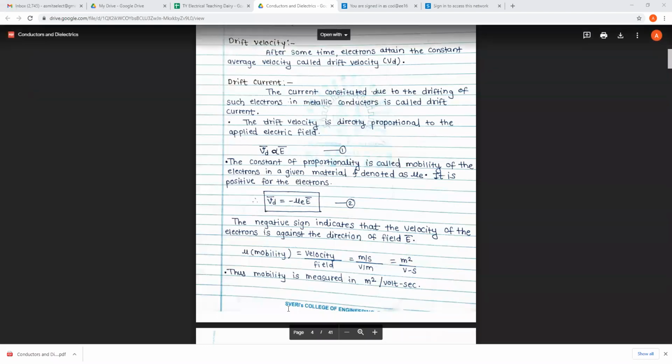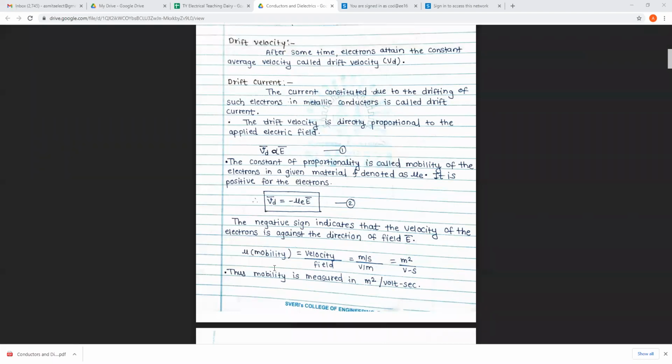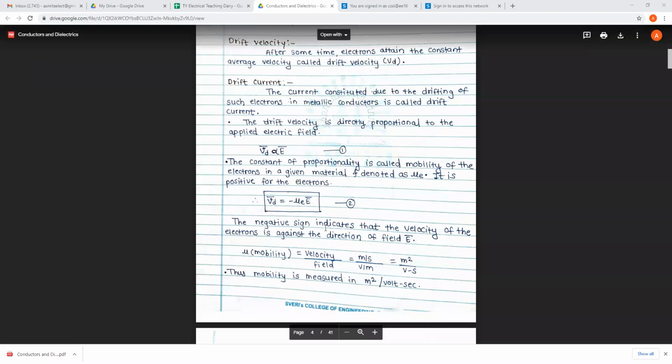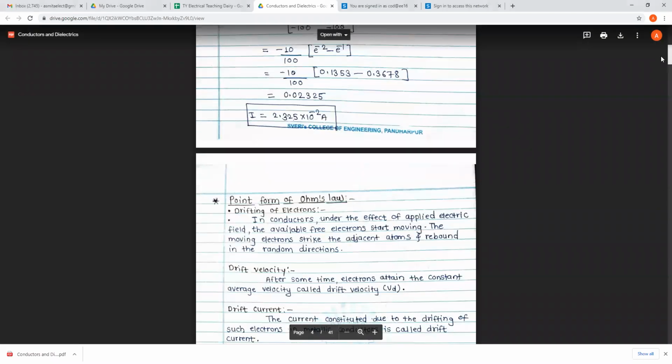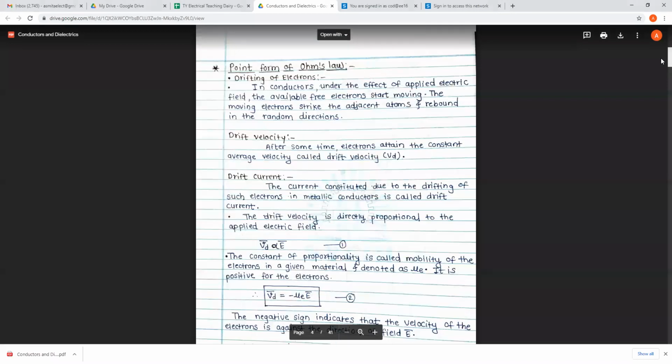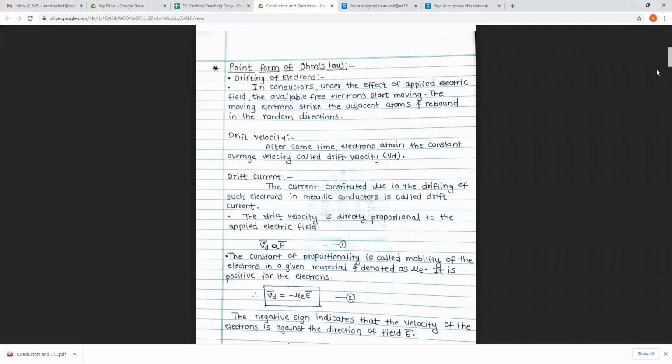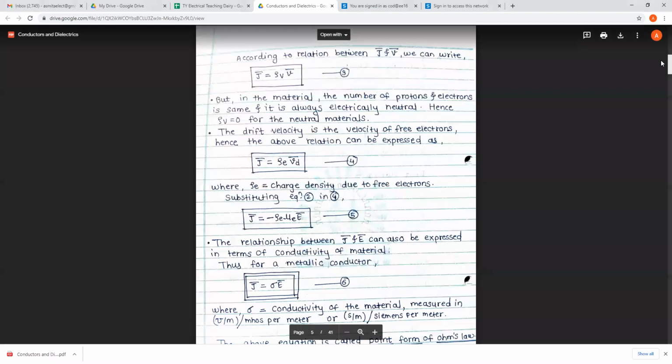Okay, so this question may be asked as an MCQ type of question: the unit of mobility. This question may be asked in the exam. And I think this point form of Ohm's law is also asked once in the exam. So this may be asked for 4 marks.